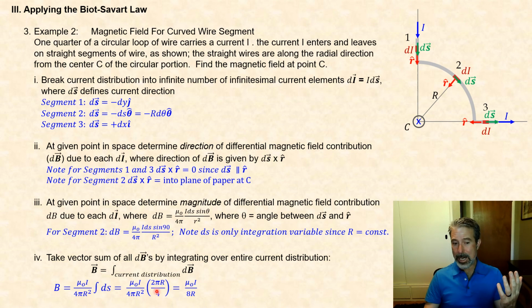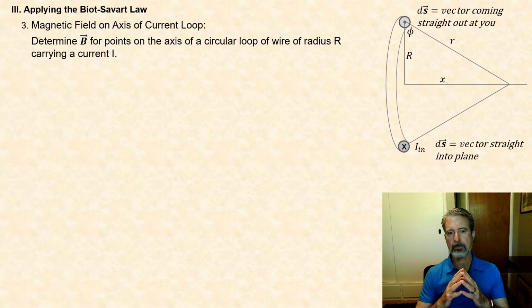So the integral of ds is just a quarter the circumference of the circle of radius r, which I'm going to write as 2 pi r over 4. And when we do the simplification here, we end up with this expression mu naught times the current divided by 8 times the radius. So this is what the total magnetic field will look like due to this quarter segment of current carrying wire.